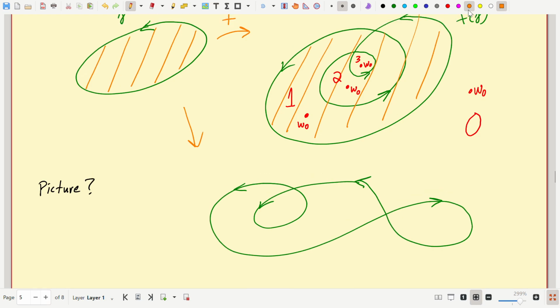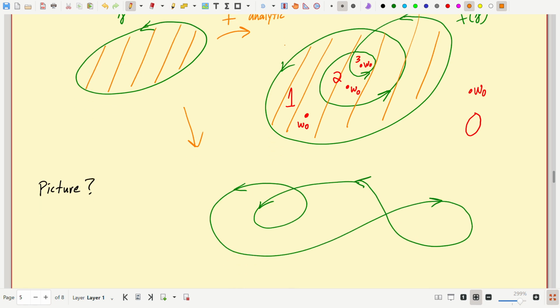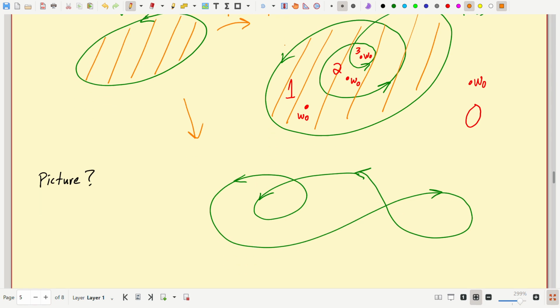So in this picture, it's important that f be analytic, no poles. But if I was using the argument principle here, I'd realize, how can you hit a point minus 1 times?